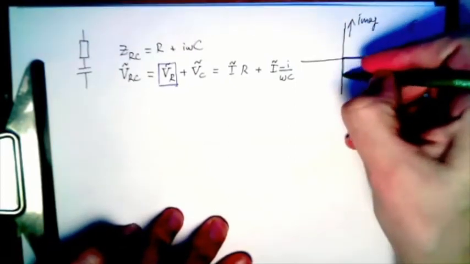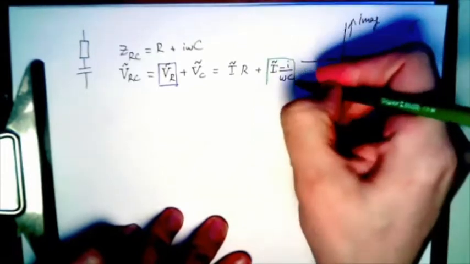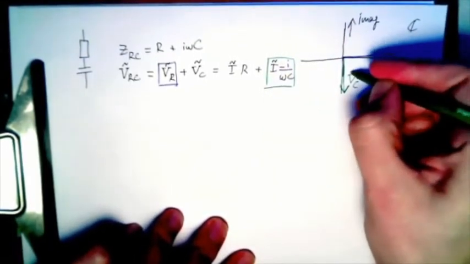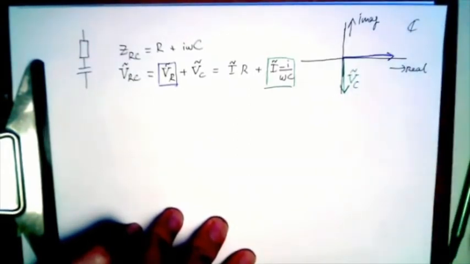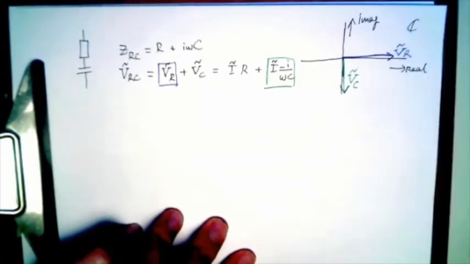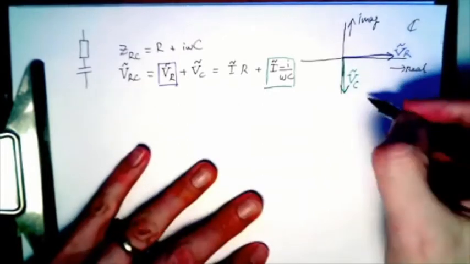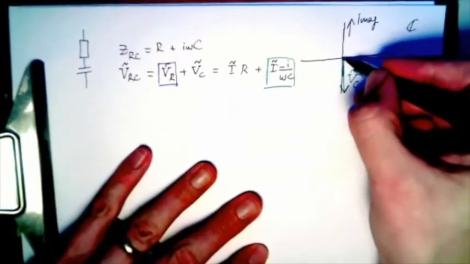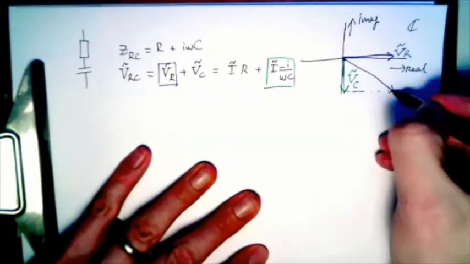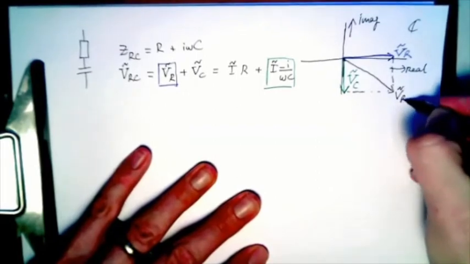So it's pointing in this direction. So this is VC, and this is VR. And therefore, because they're added, we can add them just like vectors. We can add the one to the other, and we get V of RC here.